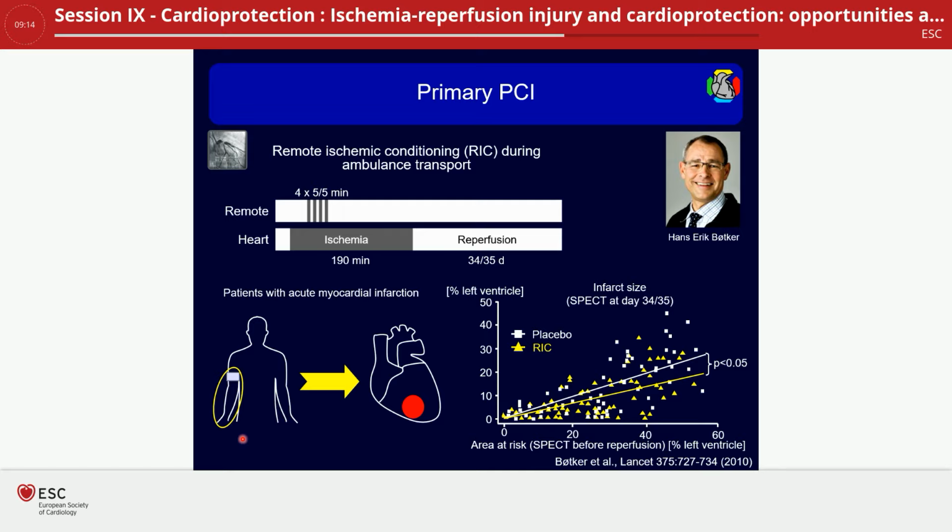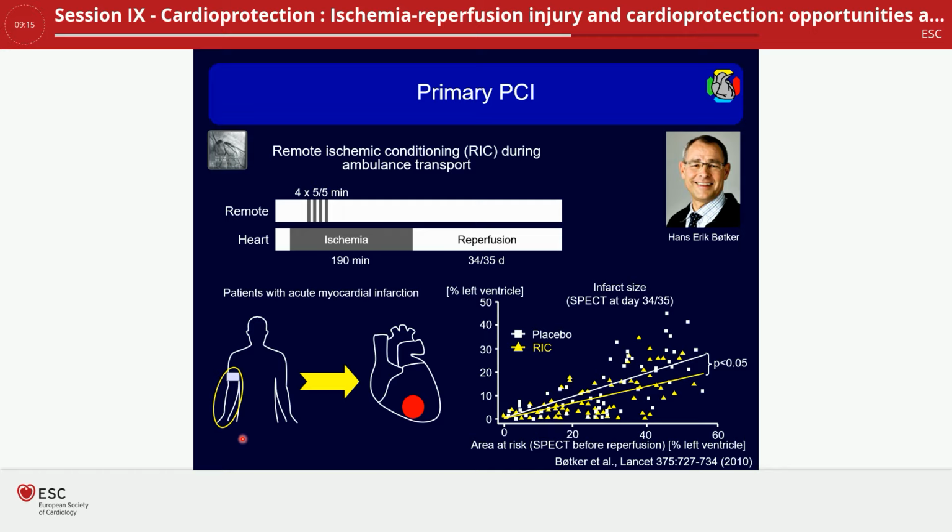And what Hans-Erik did is actually he used that transport situation, and during the transport of a patient to an interventional center where he would receive reperfusion, he inflated the blood pressure cuff again to possibly protect that patient from infarction. And then the patient came to the interventional center, got a reperfusion, and so on. And 4 weeks later, they took an image of the myocardium.